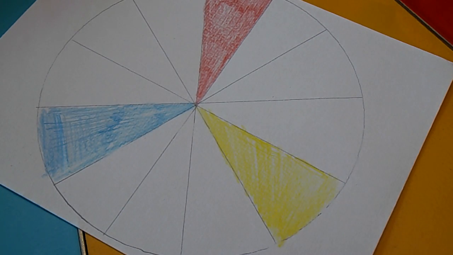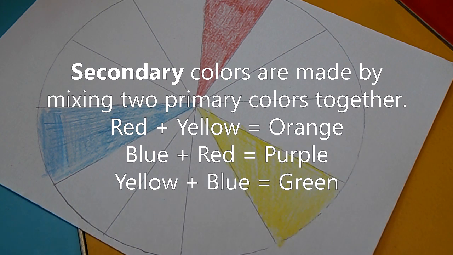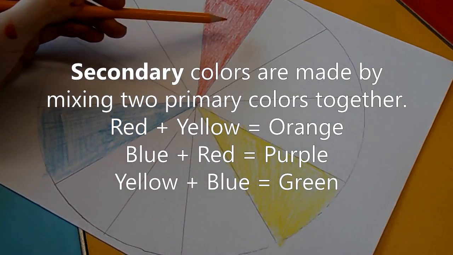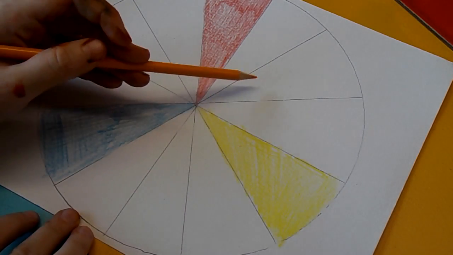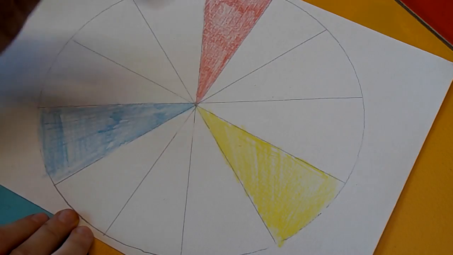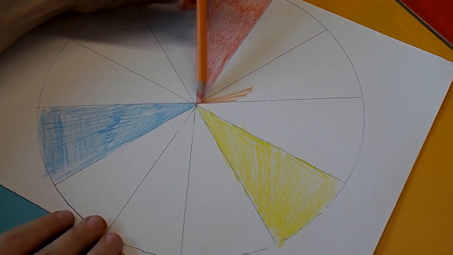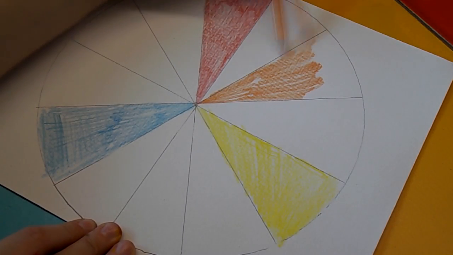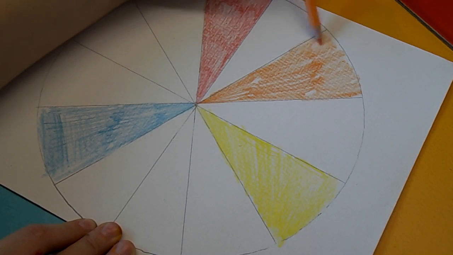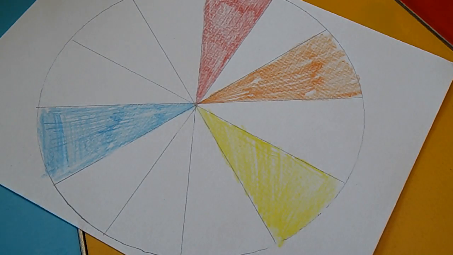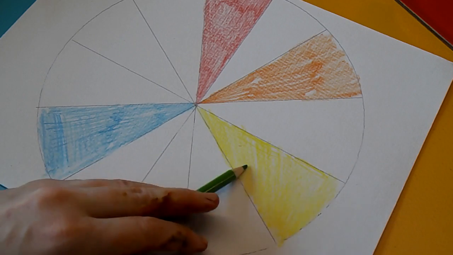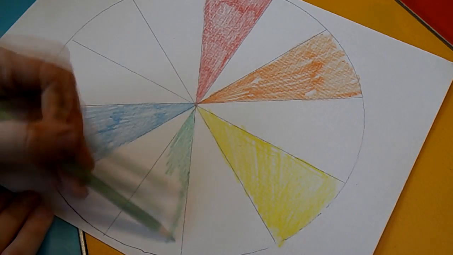Now we add our secondary colors. The secondary colors fall in between the 2 primaries. Between red and yellow is orange, so the slice in the middle is going to be filled in with orange. The slice in between blue and yellow will be green.